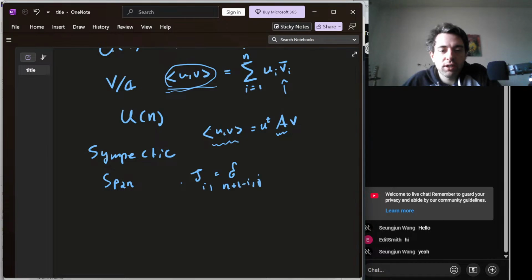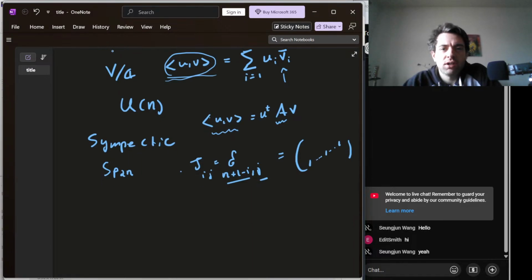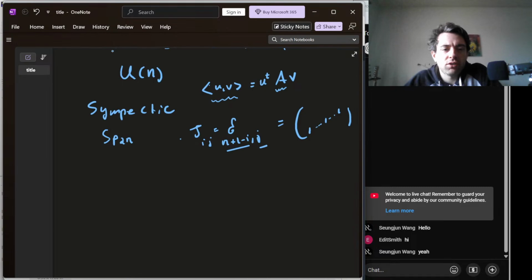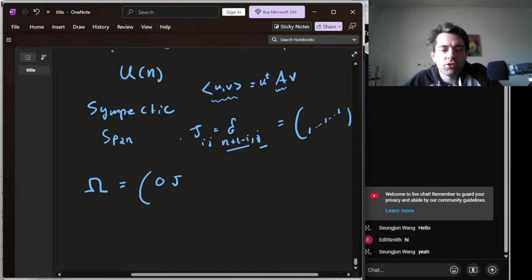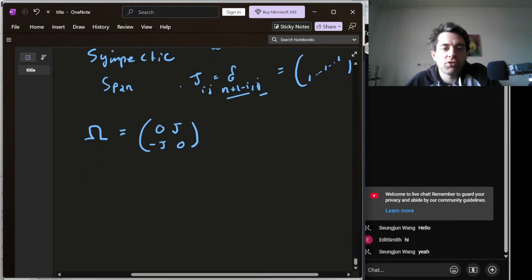Formally, its entries are given by the Kronecker delta of n plus 1 minus i and j. So we just have ones on the anti-diagonal. And then we can define a bigger matrix, omega, which is a block matrix, 2n by 2n: 0, J, minus J, 0.